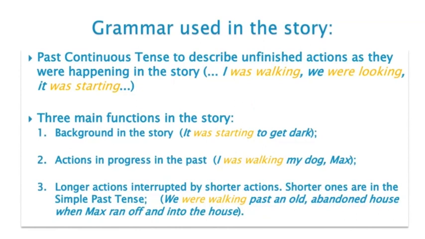Now, let's pause our story a little to see what grammar is used to describe what happened to Charlie. When Charlie says, I was walking, we were looking, it was starting, he uses past continuous tense to describe unfinished actions as they were happening in the story.